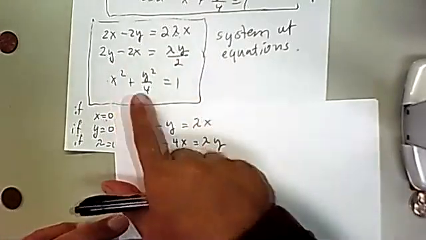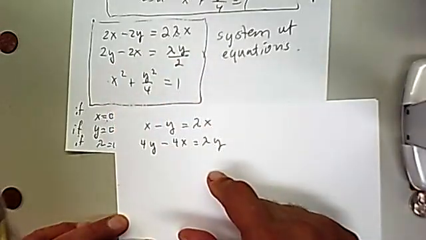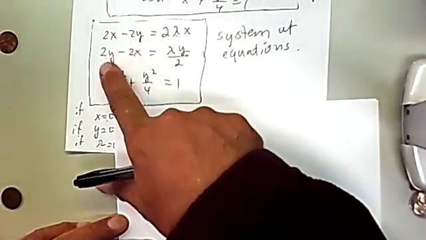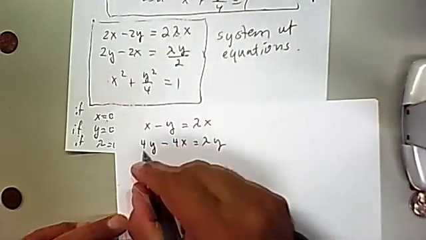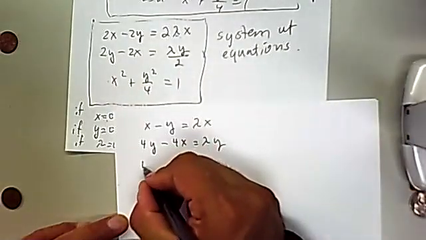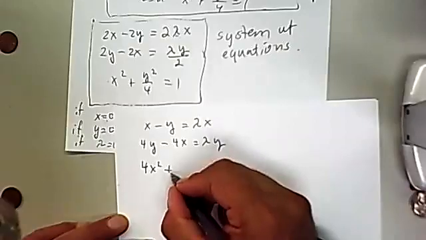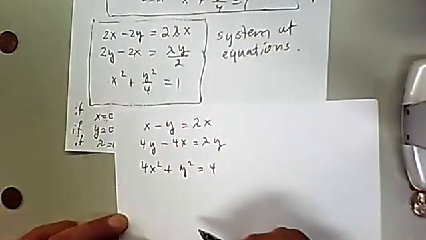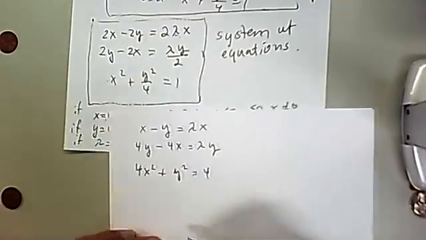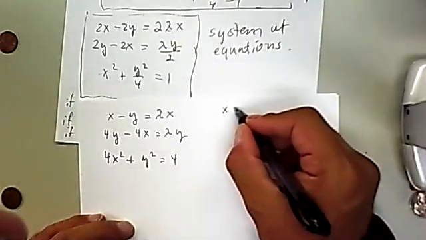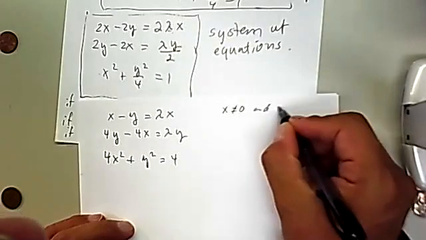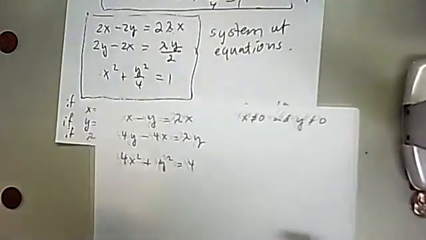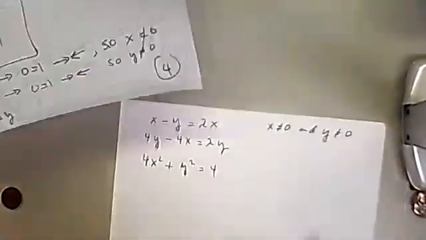And we can multiply that equation by 4. I just want to double check that I multiply this by 4. Yep. And then multiply this by 4. So we have 4x squared plus y squared equals 4. So there's our system of equations. I just rewrote it. We have one conclusion: x may not be 0 and y may never be 0, because those two get us into contradictions.